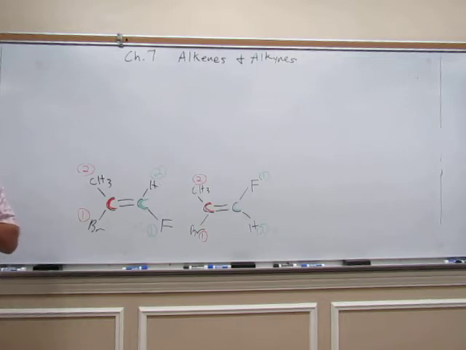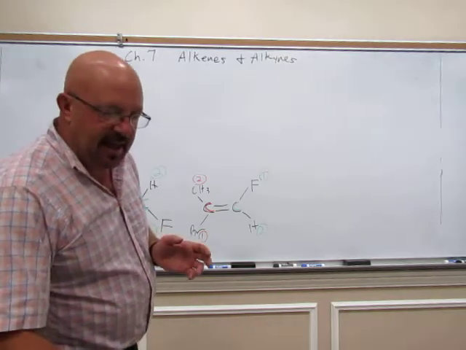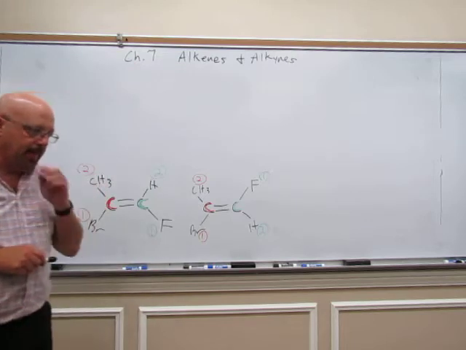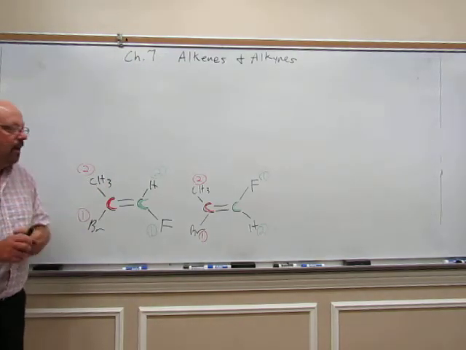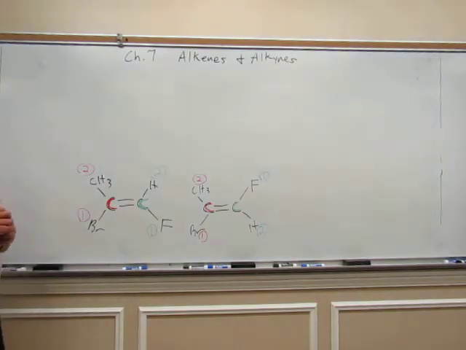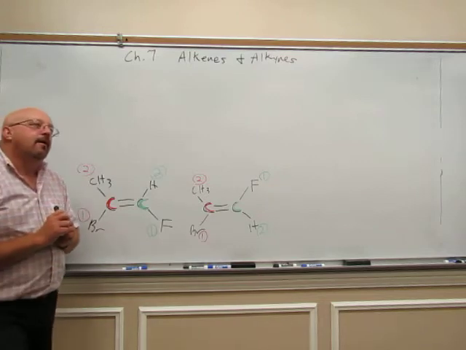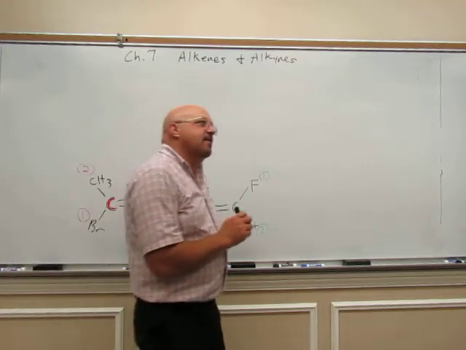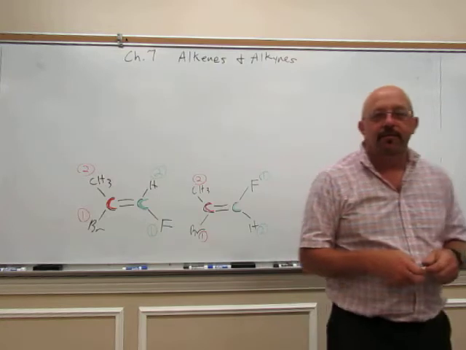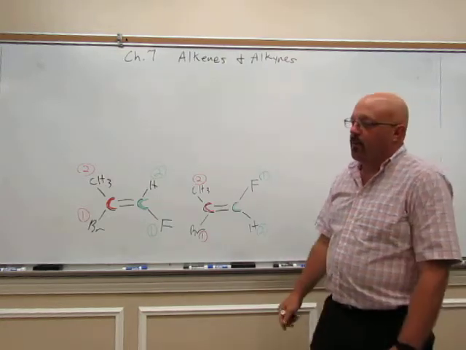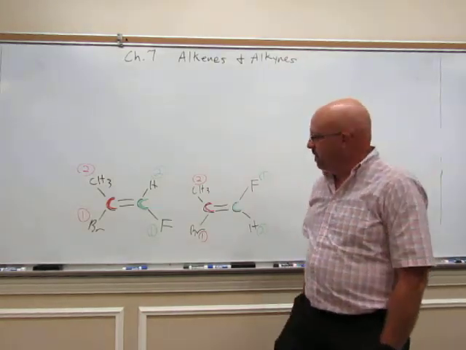One of these is going to get the E assignment and one's going to get the Z assignment. Now for some reason students have trouble with E and Z. Students usually have no trouble with cis and trans, but they have trouble remembering which is the E and which is the Z. So I'm going to give you something stupid so that you'll never forget this. Little stupid thing to stick in your head. Which one gets the Z assignment?